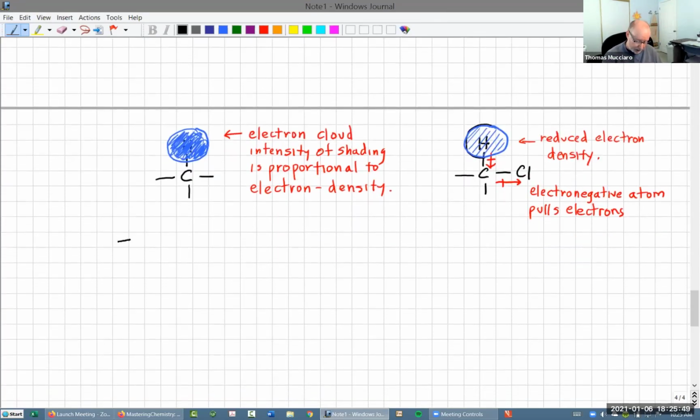Now, this kind of electron thing, this is called an inductive effect.